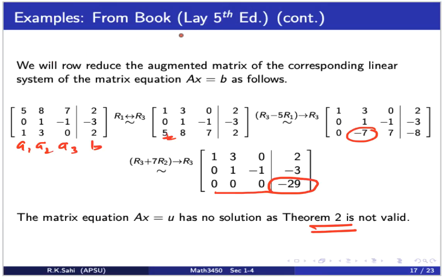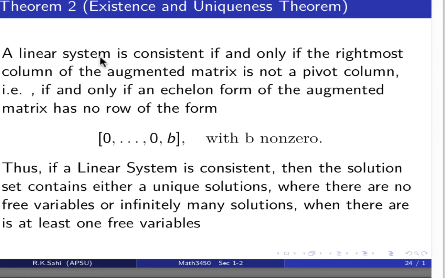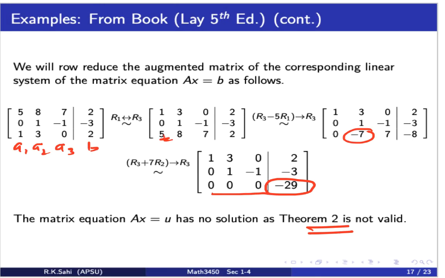It says, a linear system is consistent if and only if the rightmost column of the augmented matrix is not a pivot column. That means there is no row of this form. But what do we see? We see a row like this. Not allowed. Because of that, this matrix equation has no solution.